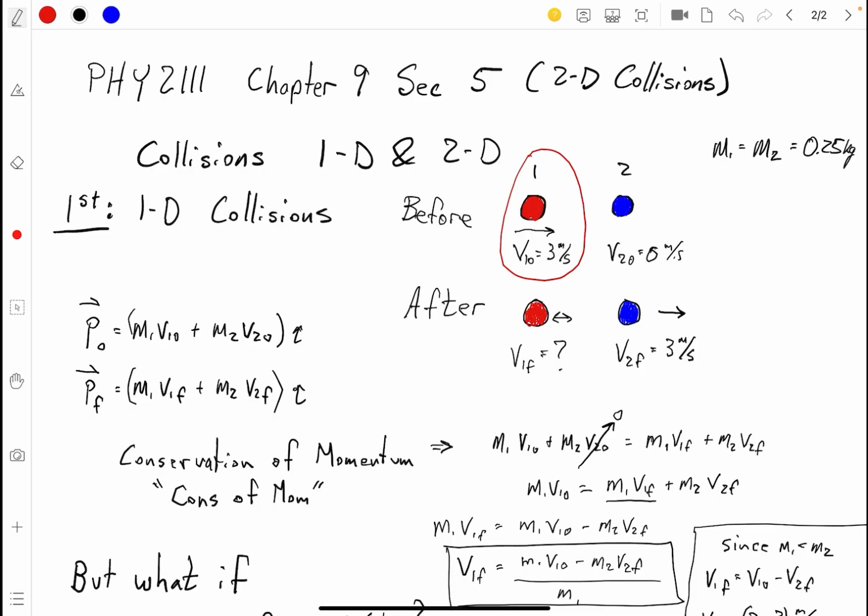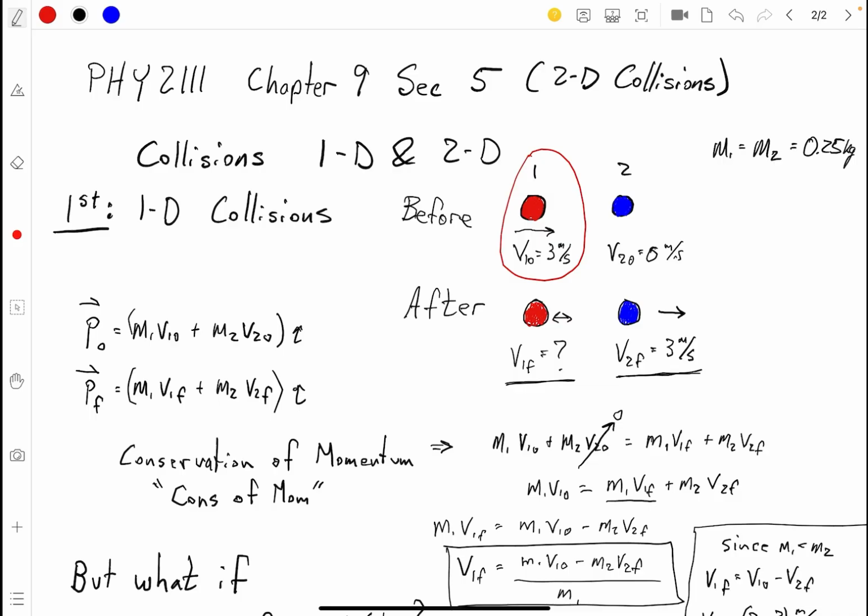It's just sitting there, okay? And particle 1's going to hit it. The question is, what's the final velocity of particle 1 if it hits particle 2 and particle 2 has this final velocity?